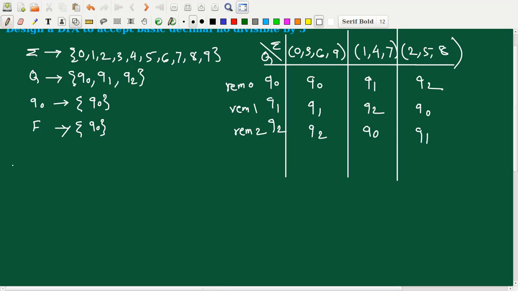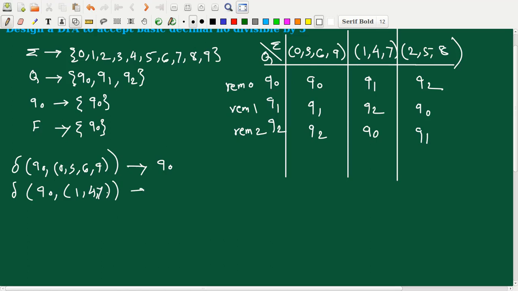State transition equations will be written from this table. So delta of q0 with any one value or any one set, instead of taking one value for this set, I get an output state that is nothing but q0. From this table I get this equation.